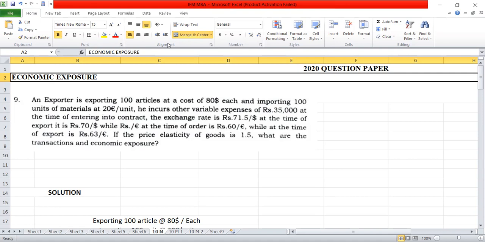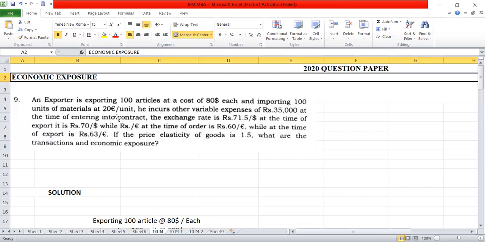You can see the first one: an exporter is exporting 100 articles at a cost of $80 each, and importing 100 units of raw materials at 20 euros per unit.